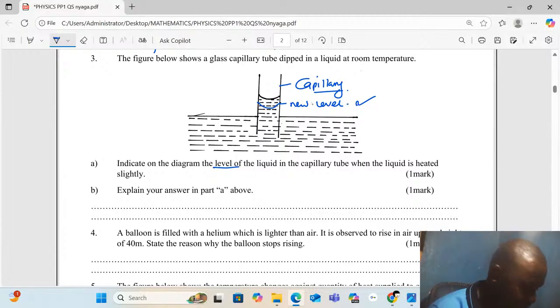Explain your answer. We can say that an increase in temperature lowers the surface tension.